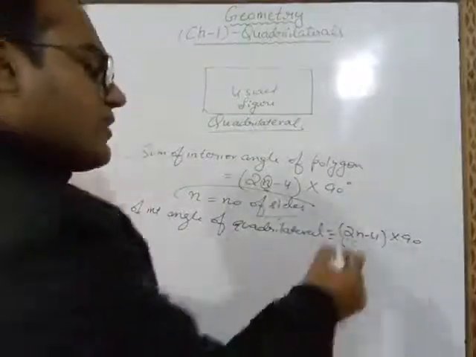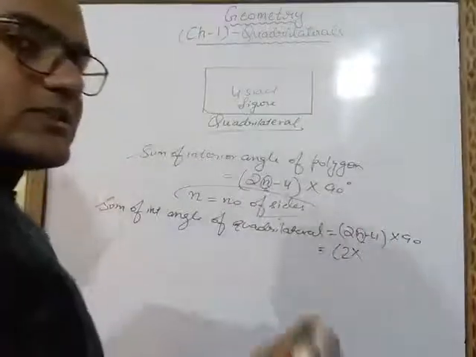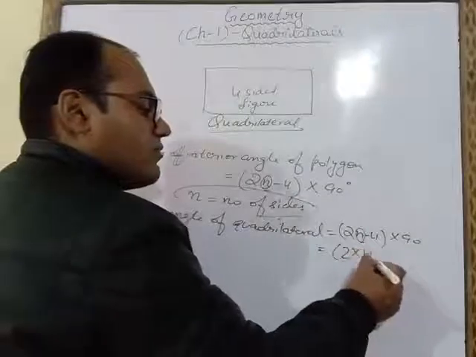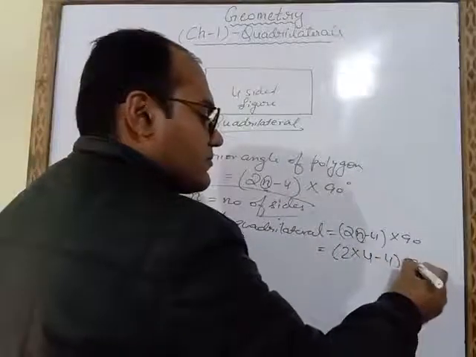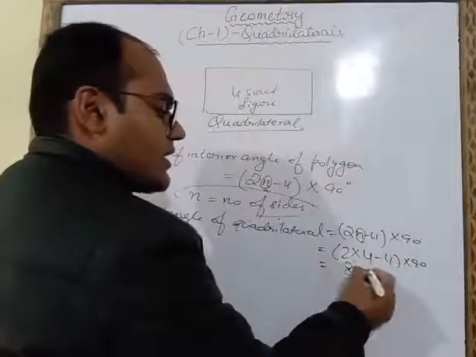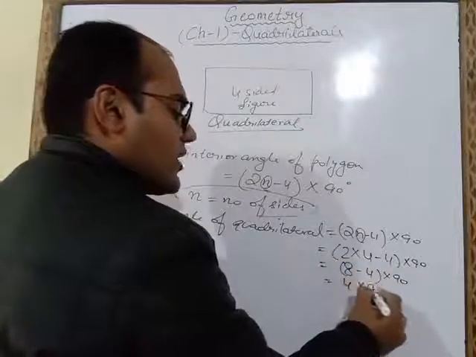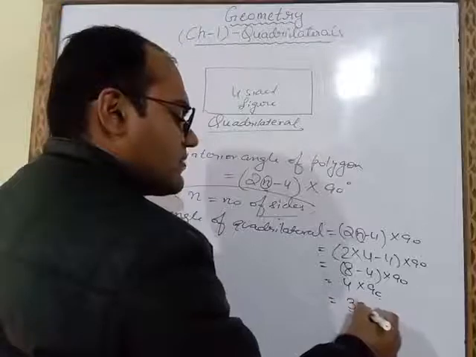This value of n will be 4 because this is a quadrilateral with 4 sides. On solving it, we will get (8 minus 4) into 90, which is 4 into 90. Final answer will be 360.